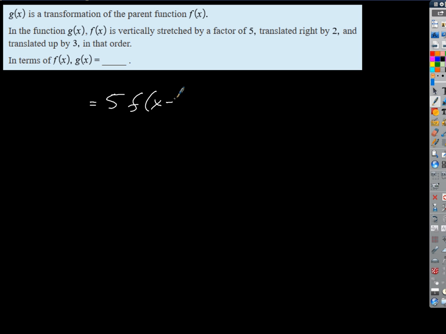Okay, so I'm going to subtract 2 from x. Good. And then up by 3, what's that going to be, Brendan? If I'm translating up by 3, what do I have to do to the function? Add 3, yeah. Okay, there you go. Perfect. Okay, that's it. Good, good.